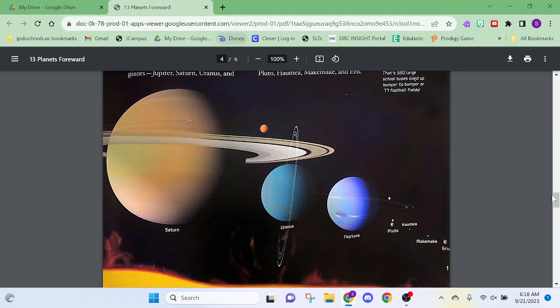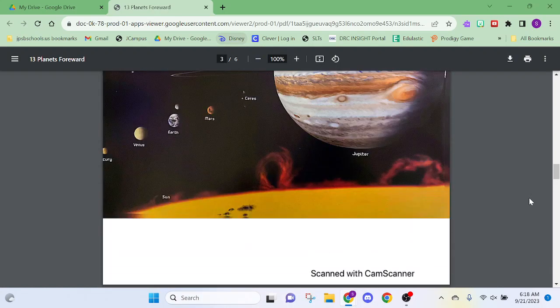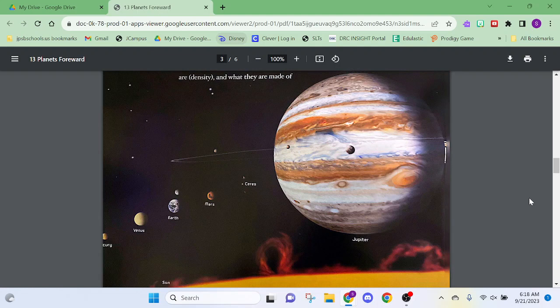All right, so we're looking at pages 10 and 11. I'm not even going to reread the whole amount of text, I just want you to look at this diagram. It's a diagram of our solar system, but obviously these are not the actual sizes of the planets. But you can tell, here's Jupiter and it's massive.